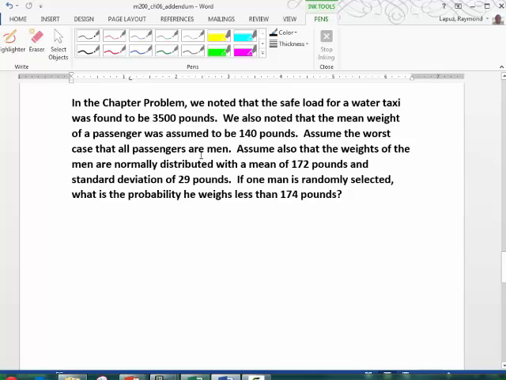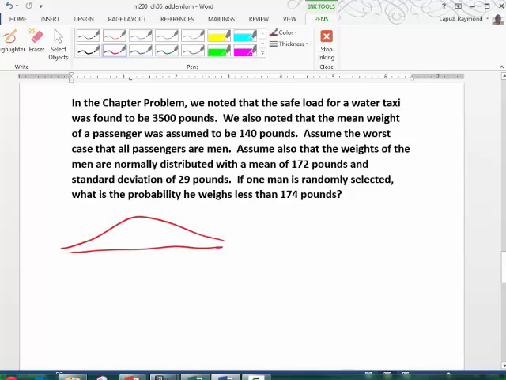Assume the worst case scenario that all passengers are men, and assume that the weights of men are normally distributed with a mean of 172 pounds and a standard deviation of 29. If one man is randomly selected, what's the probability that he weighs less than 174 pounds?